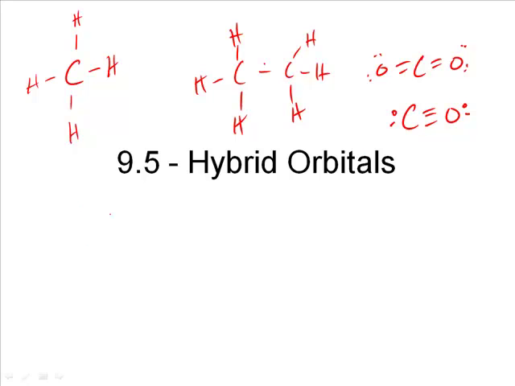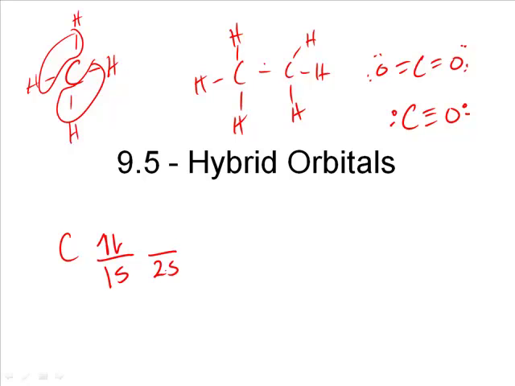When we talk about hybrid orbitals, we're talking about where these electrons actually come from to form the bonds. If we look at the orbital diagram, carbon is 1s2, 2s2, 2p2.